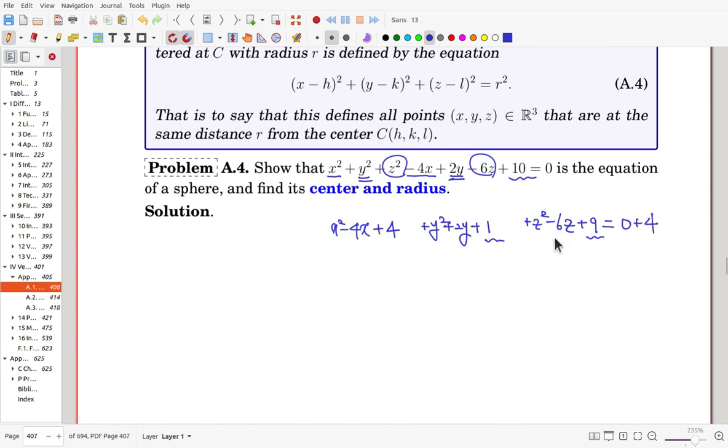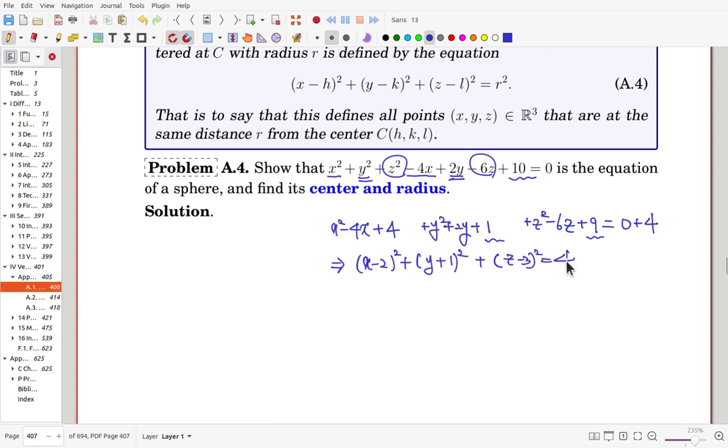Then this equation and that one must be the same, right? Okay. Now from here, this one will make (x minus 2) squared. And this portion will make (y plus 1) squared. And the last portion will make (z minus 3) squared.